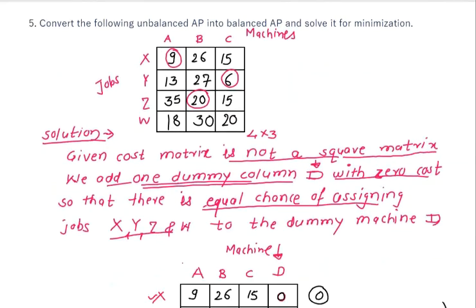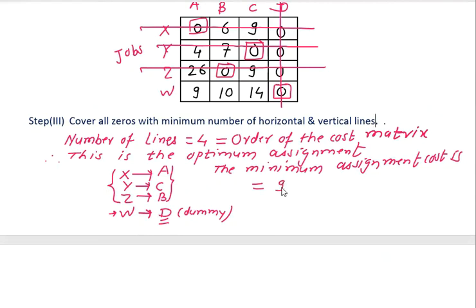So 9 is the cost of performing job X on machine A, 6 is the cost of performing job Y on machine C, and 20 is the cost of performing job Z on machine B. And the total cost of performing the 3 jobs X, Y, Z on machines A, B, C is 35.